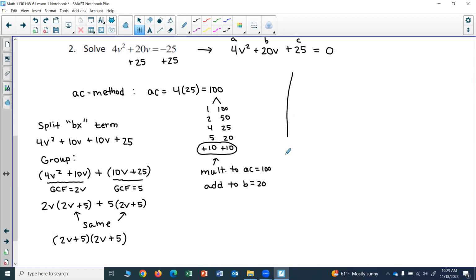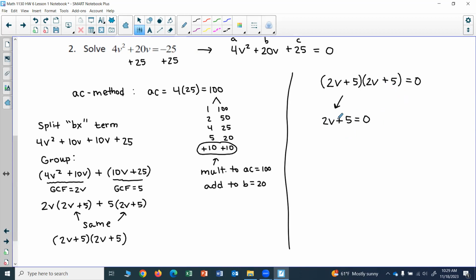All right, so now to solve, I'm going to go ahead and write the factored form 2v plus 5 times 2v plus 5 equals 0, or I could write it as 2v plus 5 quantity squared equals 0. And that gives me 2v plus 5 equals 0. Now the second factor is the same, so actually I don't have to solve that one in this case.